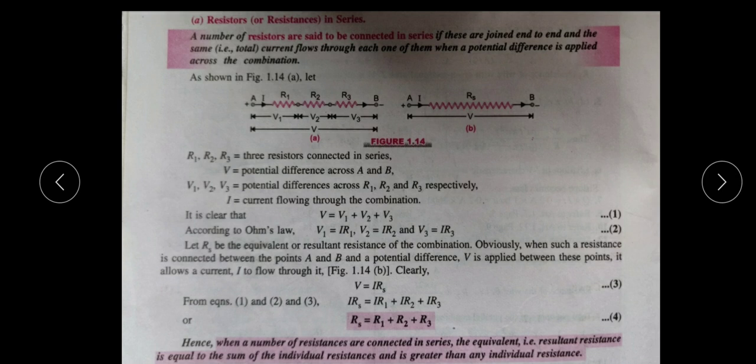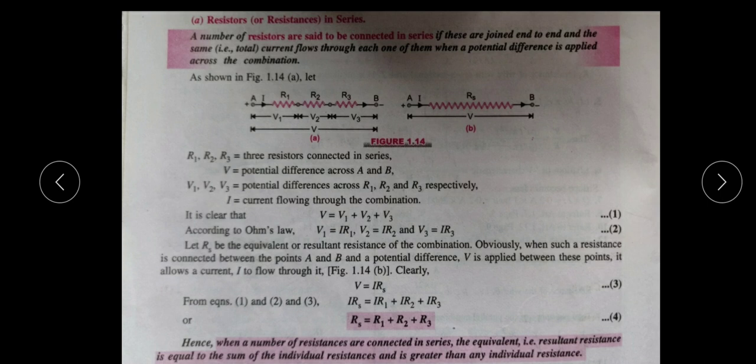The 2 ampere current flows through each one of the resistors. I repeat, in series circuit, resistors are connected end-to-end, and the current in each resistor is the same and the potential difference is different.